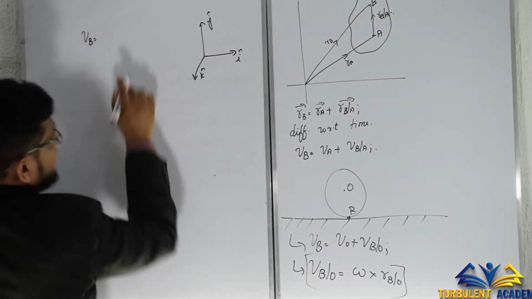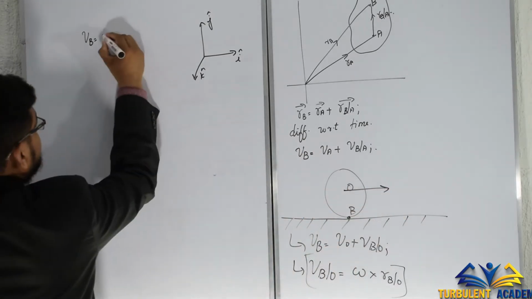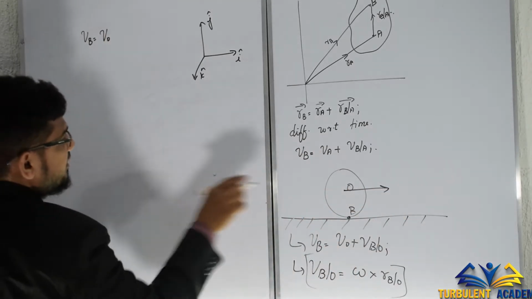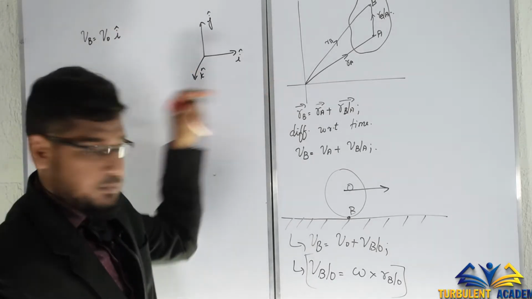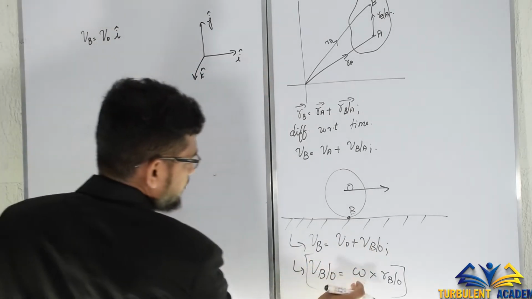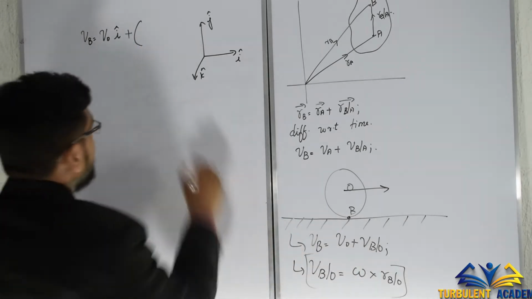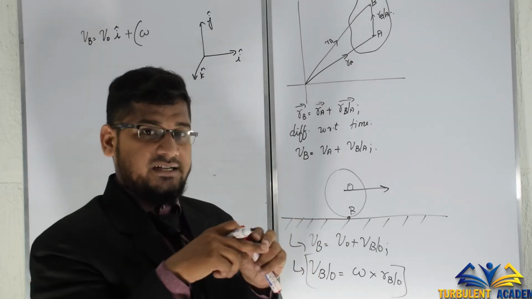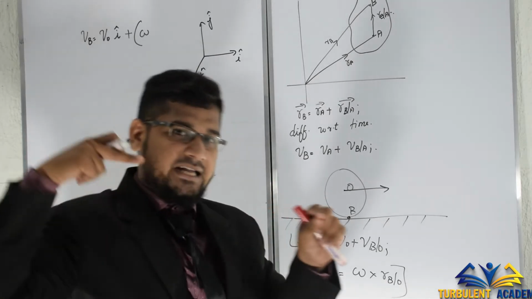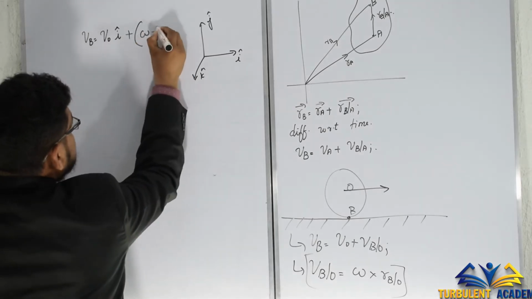V_B is going to be, first, V_O. It's moving, right? So V_O, what unit vector is it? i in the positive direction. Then V_B/O is omega into R_B/O. The rotation is clockwise, and a clockwise rotation always has a unit vector into the paper, which is minus k.